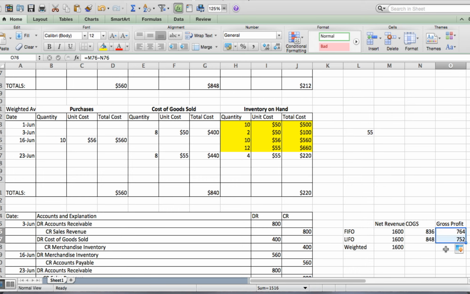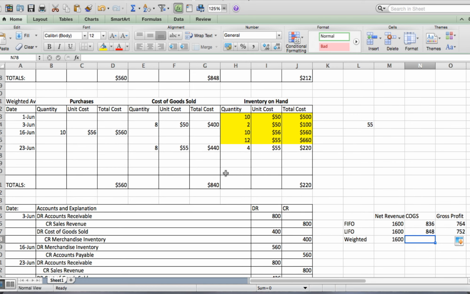Okay, so my gross profit for LIFO, $752. My equation is just the same, 1,600 minus 848. And then weighted average, cost of goods sold, right there, 840. And gross profit, 760.